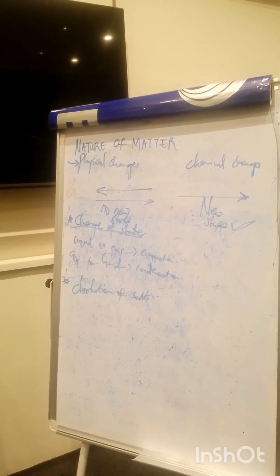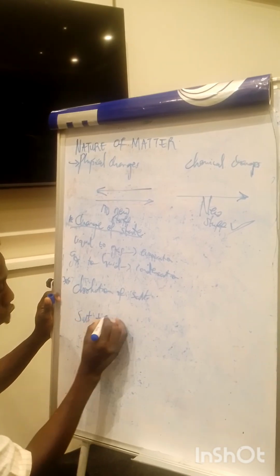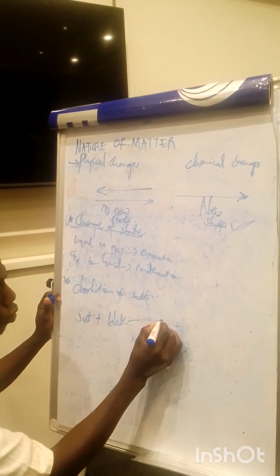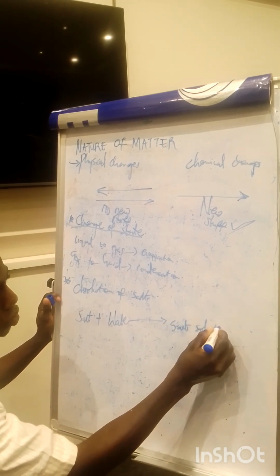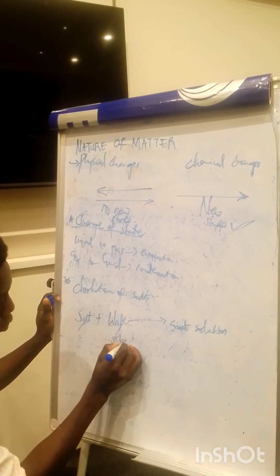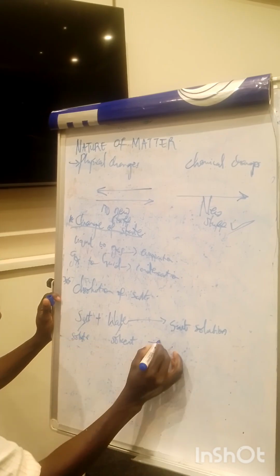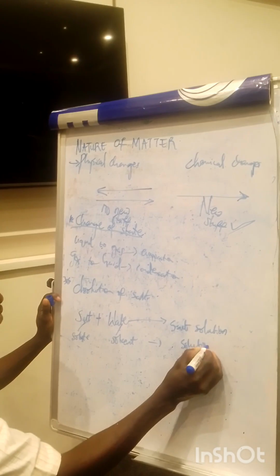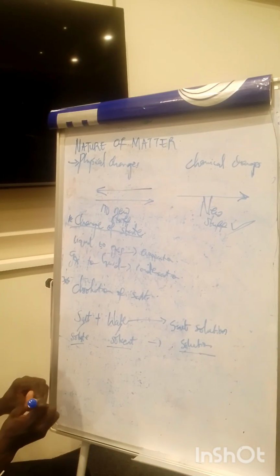When you add salt and water together, you get a salt solution, in which the water is your solvent, the one that dissolves the solid, and the solid is your solute. Solute plus solvent gives you a solution. We'll deal with this very well under solution.